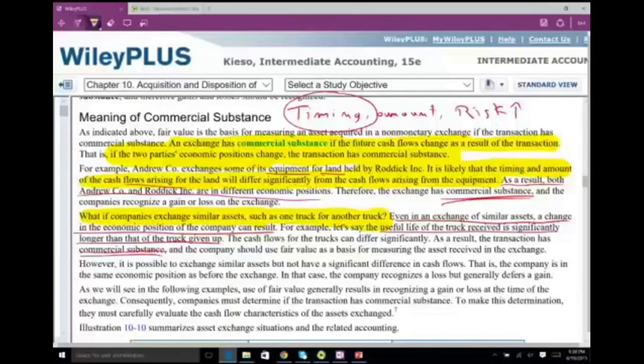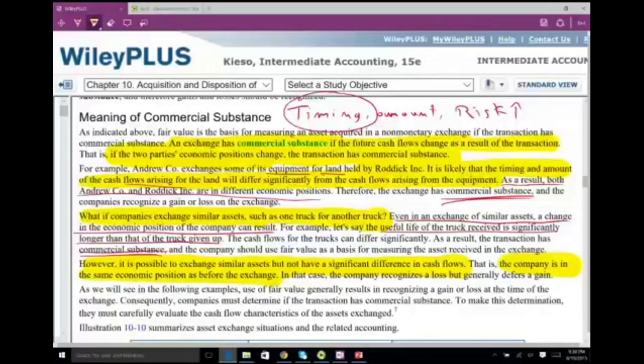Now, however, it is possible that the exchange of similar assets does not have a difference in the cash flow. So we may exchange similar assets but not have a significant difference in cash flow. Well, the company is in the same economic position as before. So both companies are in the same economic position.